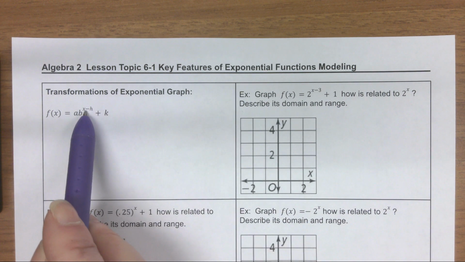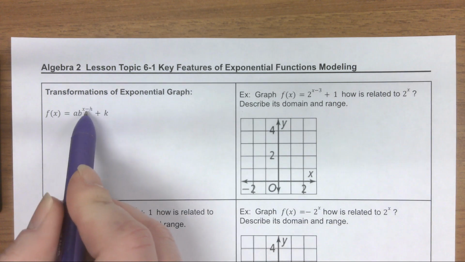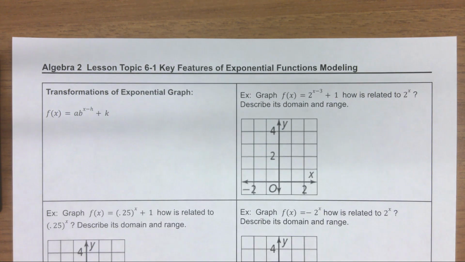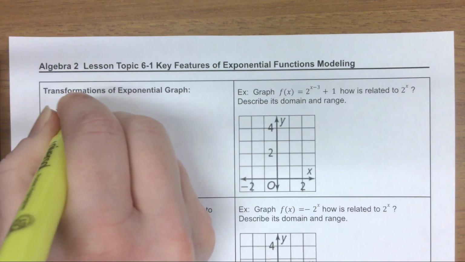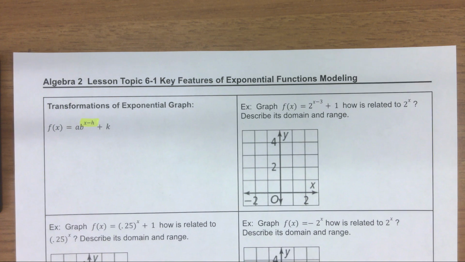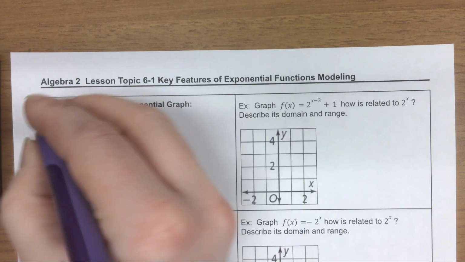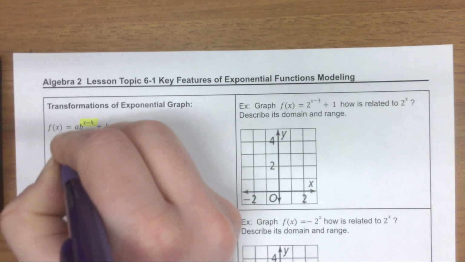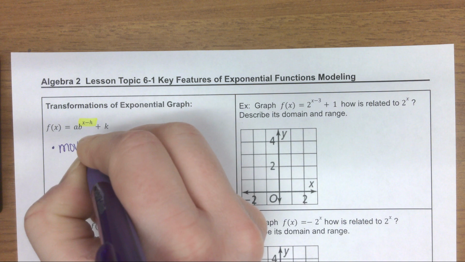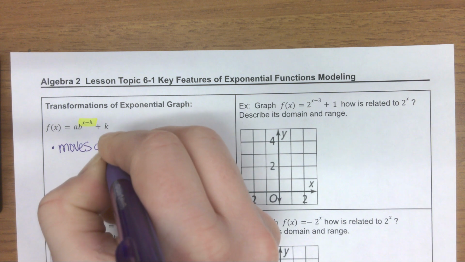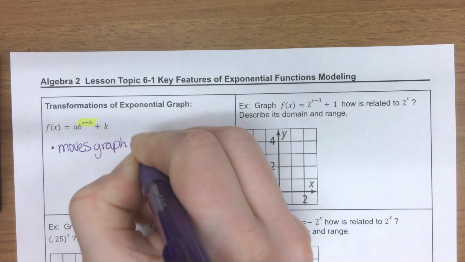So anytime that you take an x value and you replace it with x minus h, what that is going to do to a graph is shift the graph, or move the graph, h units to the right.